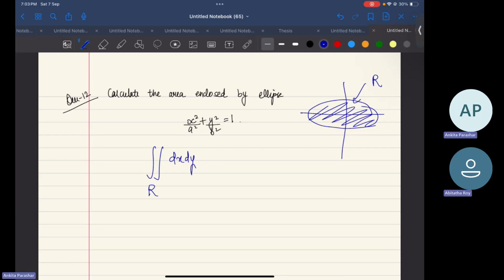Let's just do it. We have some time. Area of the ellipse is nothing but this region which I have drawn, double integral dx dy.